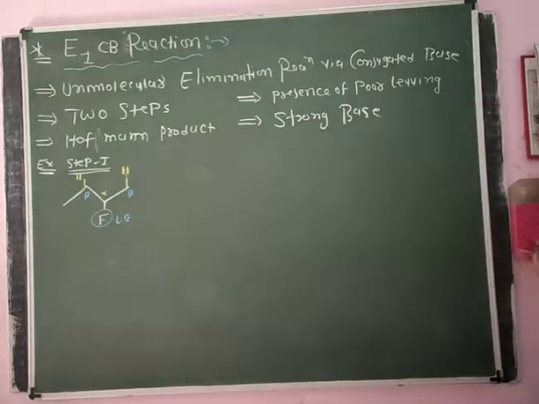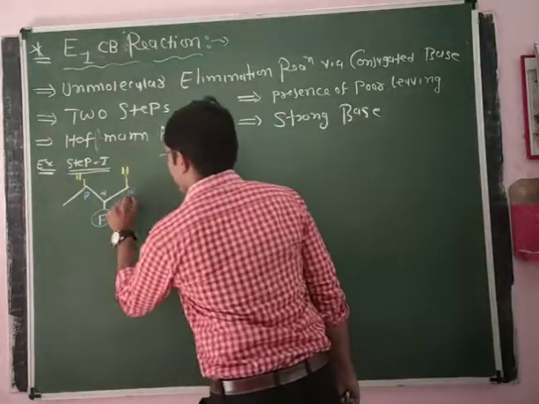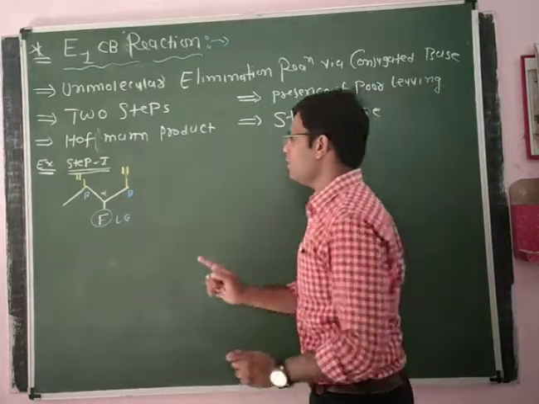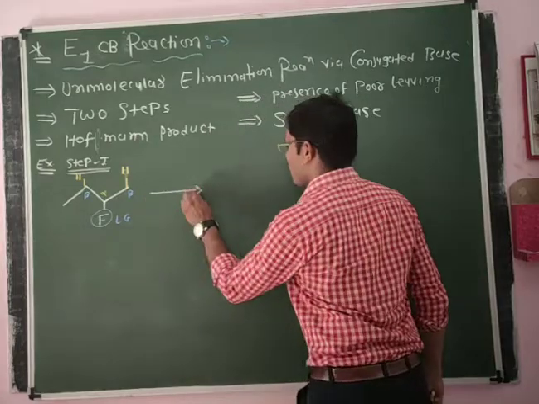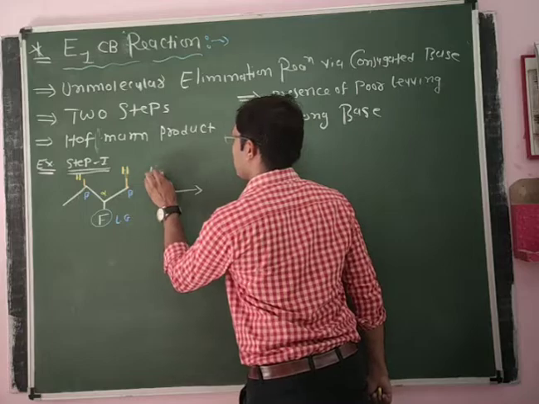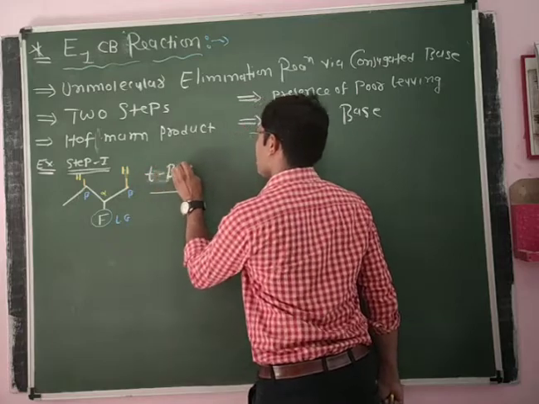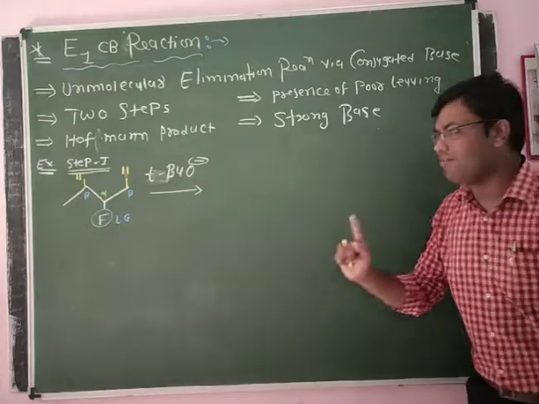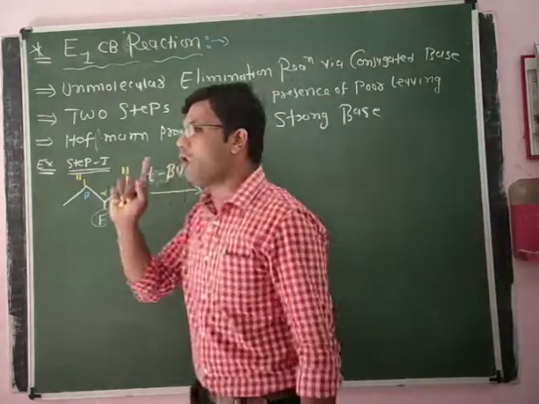Now we explain it. So here we have 2 beta hydrogens. In the first step, in the presence of a strong base, suppose we have tertiary butoxide, and you know very well tertiary butoxide is a strong base.